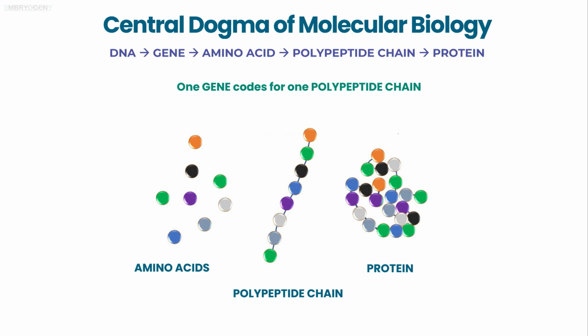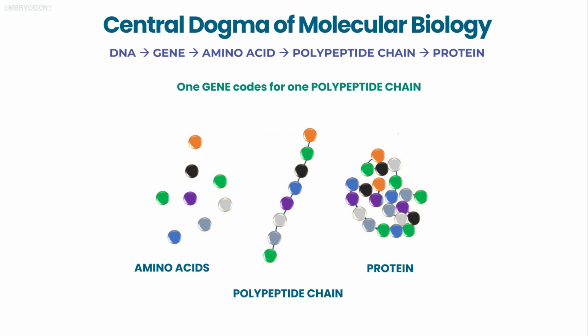To understand the central dogma or principle, you have to understand the structure of a protein first. Amino acids are organic compounds that serve as the basic building blocks of proteins. There are roughly 23 amino acids. When these amino acids combine to form a chain, it is called a polypeptide chain.